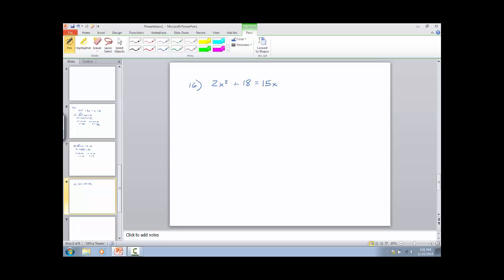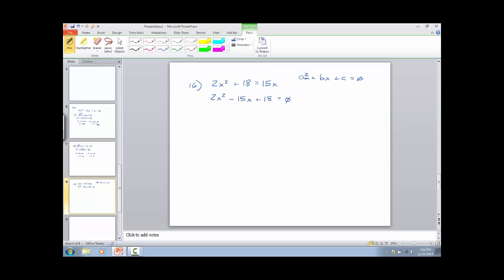Now remember what we first talked about, in that we want that quadratic equation to be ax squared plus bx plus c equals 0. So we need that x squared, but then we need that 15x on this side. So we have to rewrite this equation so that it's in the quadratic format. So we'd subtract 15x, we'd keep our 18, equals 0.